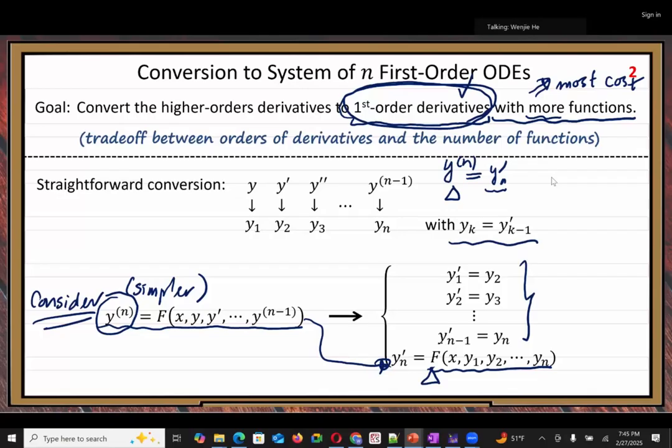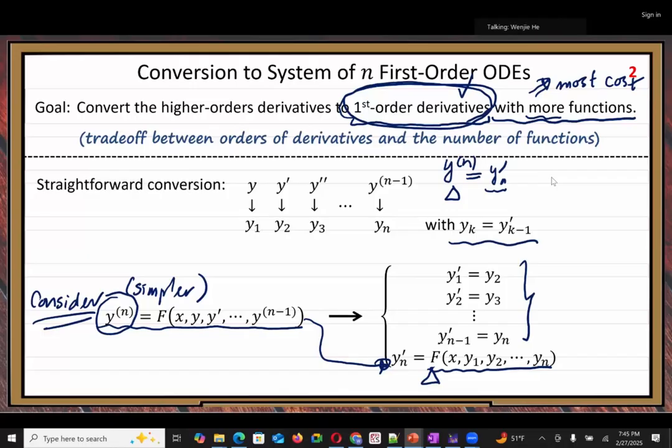If this f function is a linear function, then we get a linear system. But if the f function is not a linear function, then it's still too hard, because it's a non-linear system, still very hard to solve.